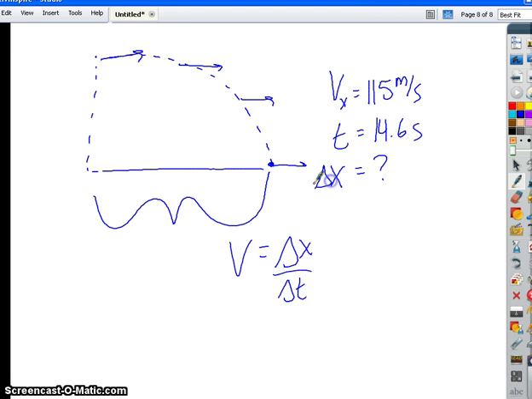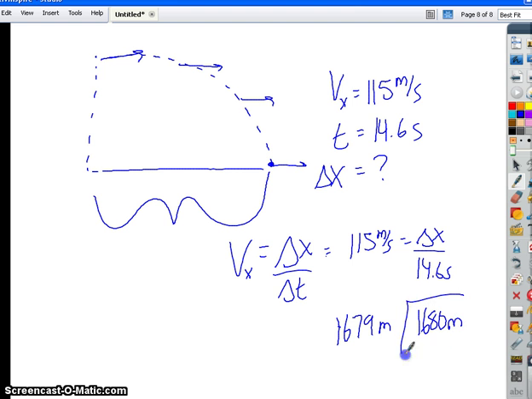So in the x direction, 115 equals delta x over 14.6. Multiply both sides, and we get an answer of 1679 meters, and I'm going to call that 1680 for significant digits.